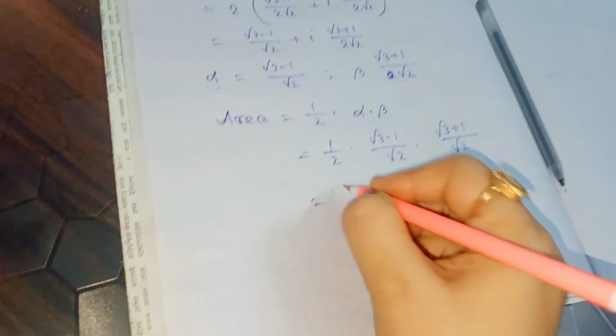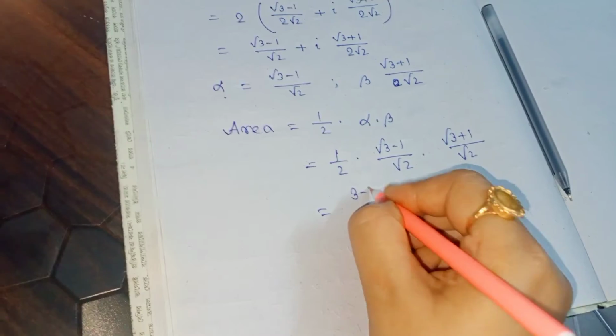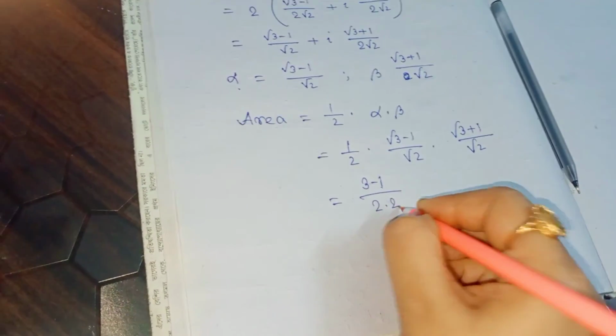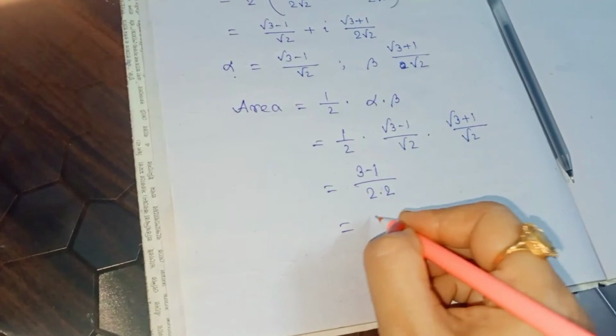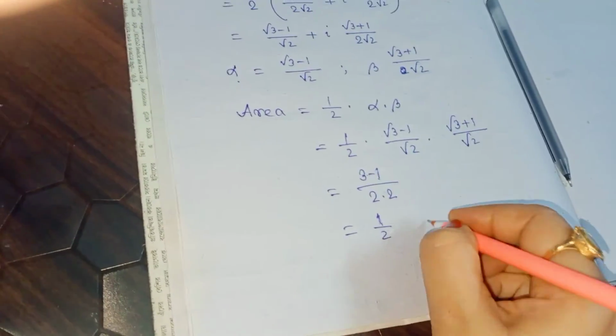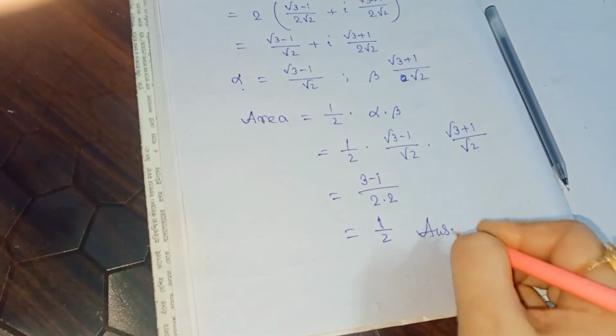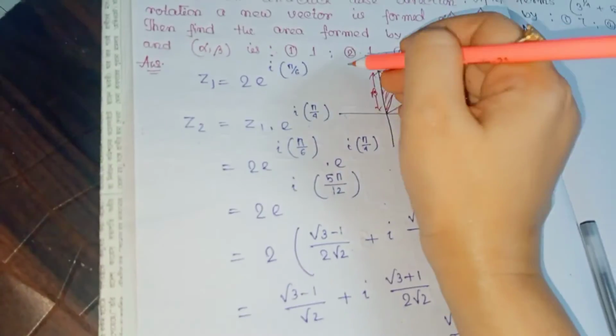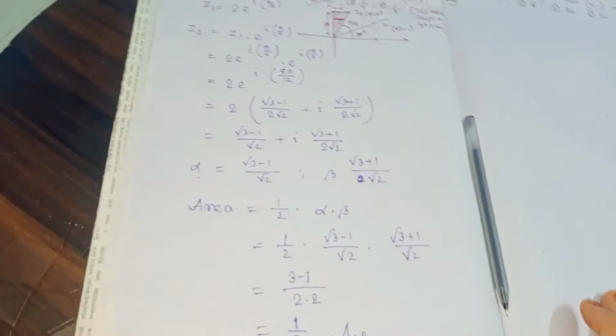After calculation we get 3 minus 1 by 2 into 2, so it is half. So the area is equal to half, it is our required answer, and option 2 is our correct choice, half.